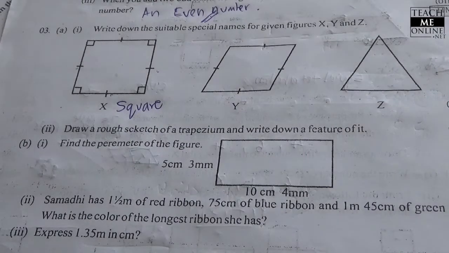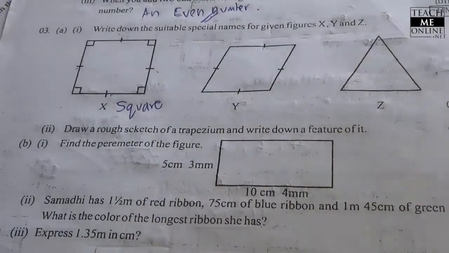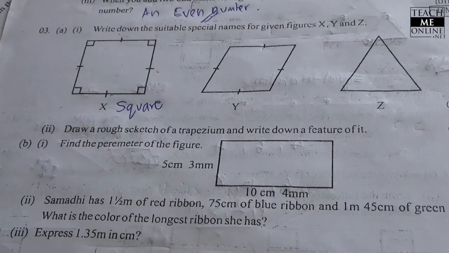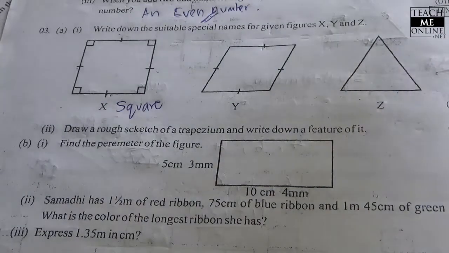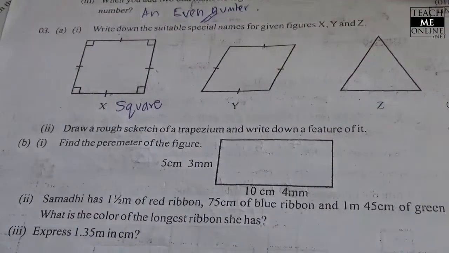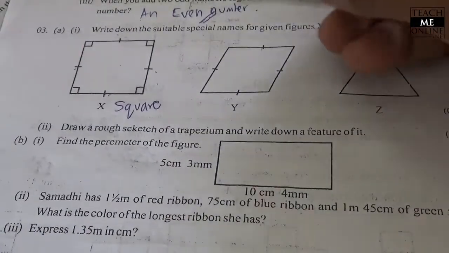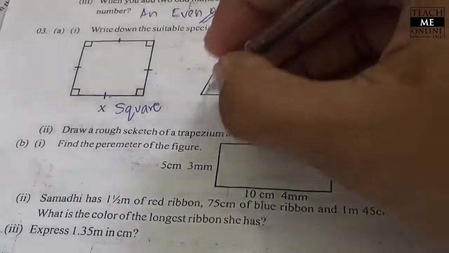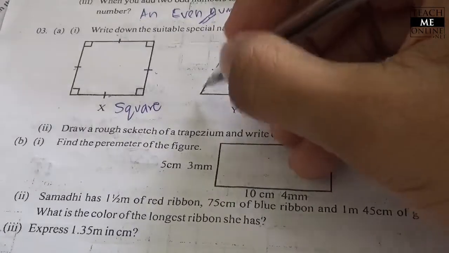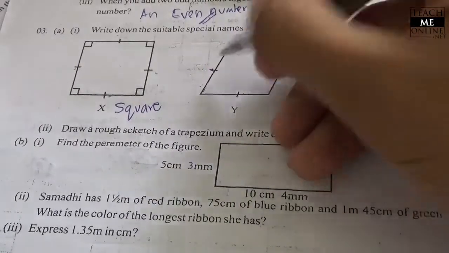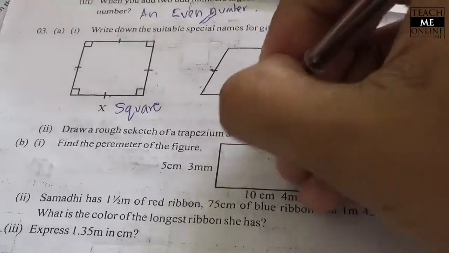If you take y, we have a figure, again a quadrilateral with 4 equal sides, but here it's slanted slightly. This is a rhombus.